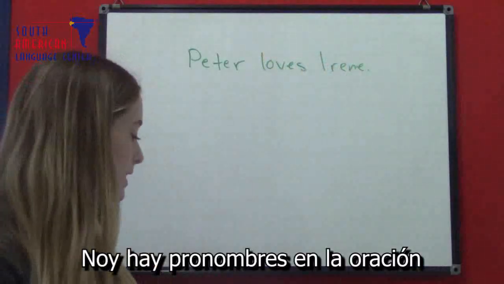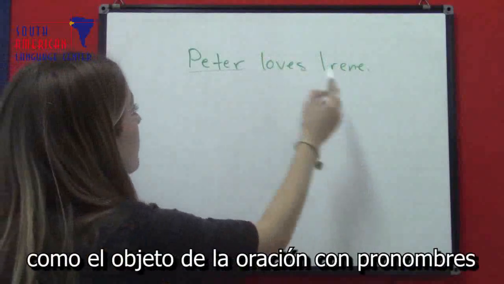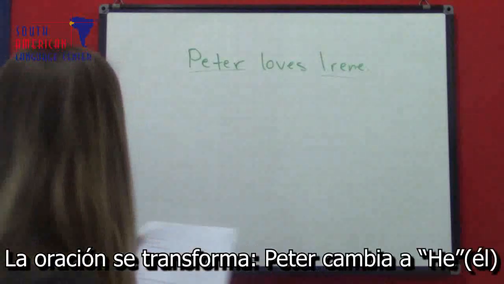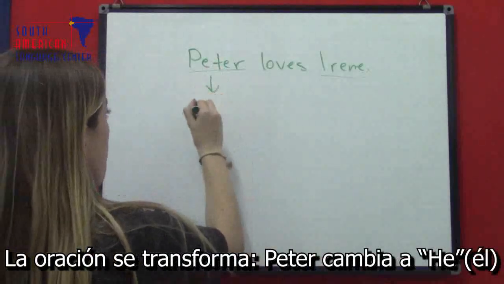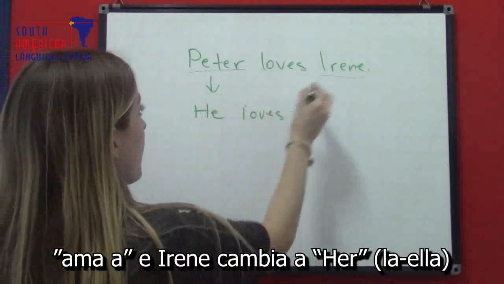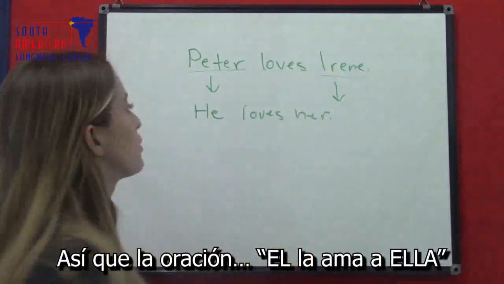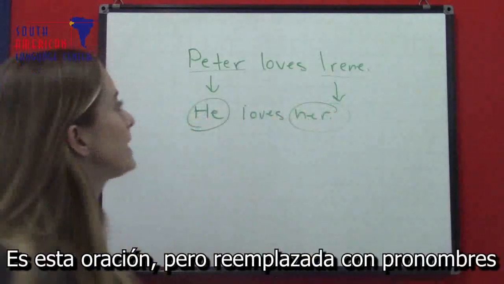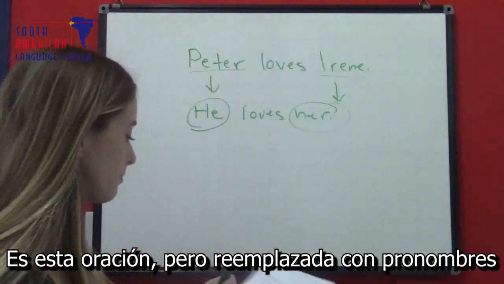There are no pronouns in this sentence, but if we want to replace both the subject and the object of the sentence with pronouns, the sentence becomes Peter turns into he loves, and Irene turns into her. So the sentence, he loves her, is this sentence, but replaced with pronouns instead.